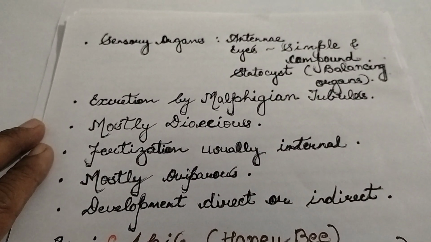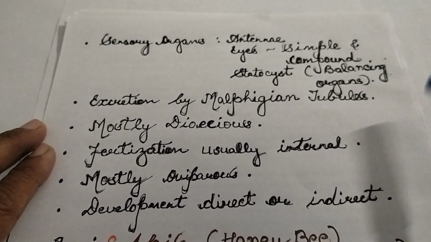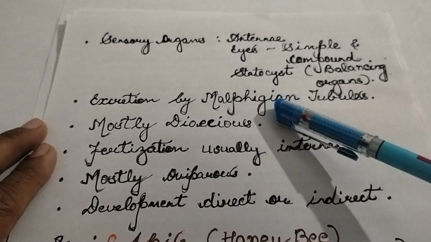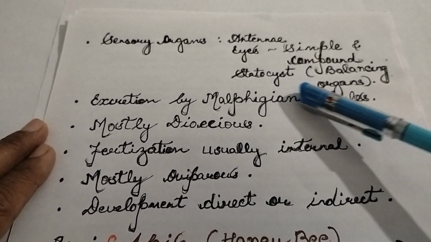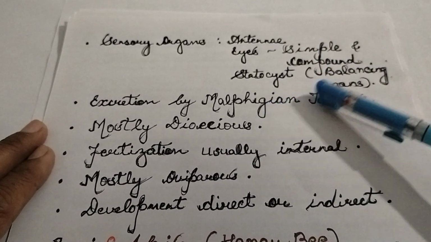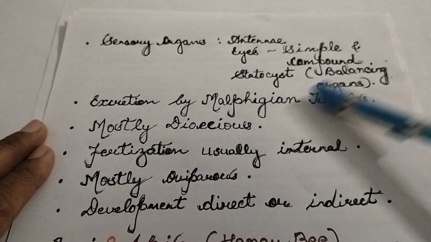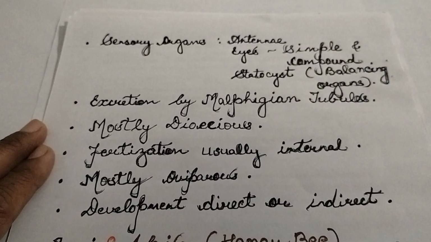Now, balancing organs are present in them, and those balancing organs are called statocysts. Important, you have to learn this. Questions are always asked from this portion. What are statocysts? Statocysts are the balancing organs of the arthropods.